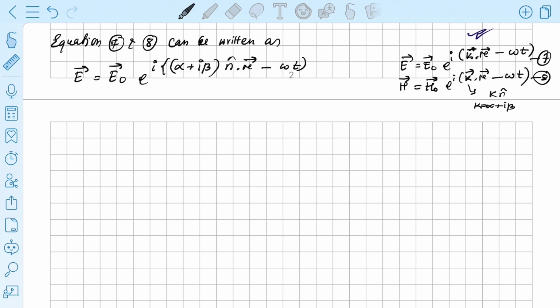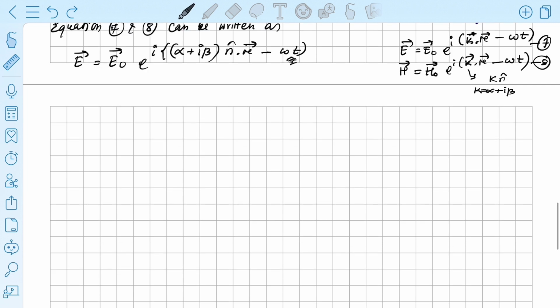Don't write the page number here. Then H is equal to H naught e to the power i, again instead of k we write alpha plus i beta, then n cap dot r minus omega t.